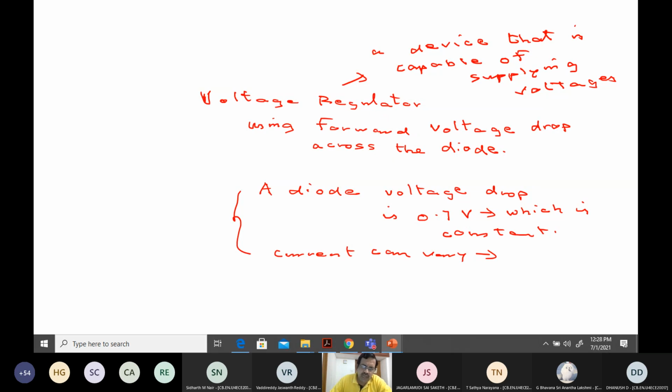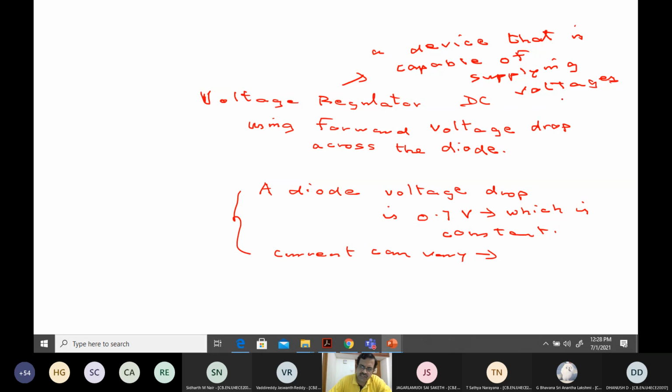Now, in this class, we are going to exemplify how that constant voltage drop that appears across the diode, with the capability for a diode to take variable currents, can be used. With that kind of knowledge, we are going to exemplify the construction of a voltage regulator, a device that is capable of supplying constant DC voltage.